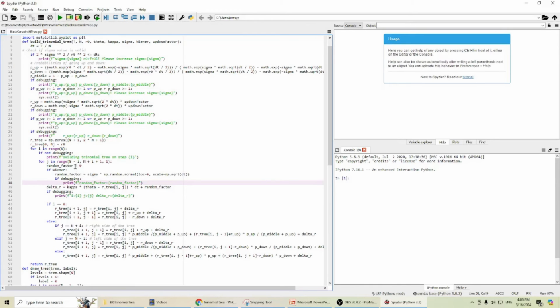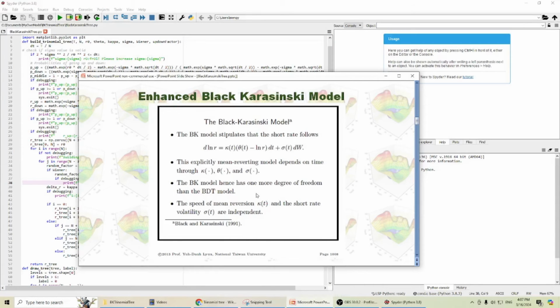So if I turn it off, I put 0 here, I will not consider this random factor. If we go back to this formula, that means if I consider Wiener, I will consider this item. Otherwise, I will ignore this item. You can see we only consider this first item in the formula.